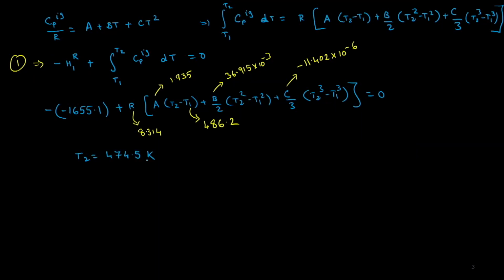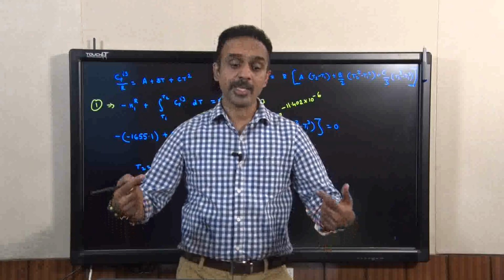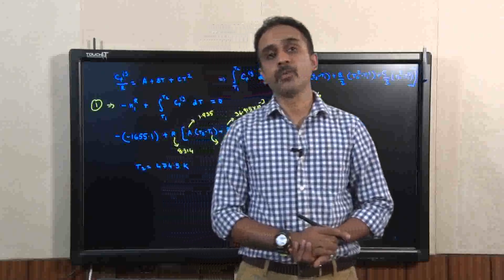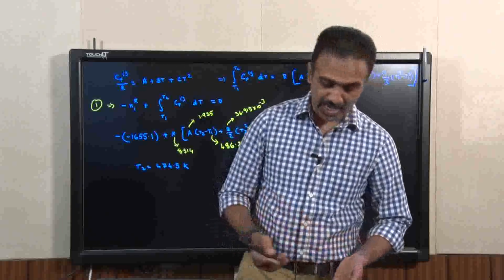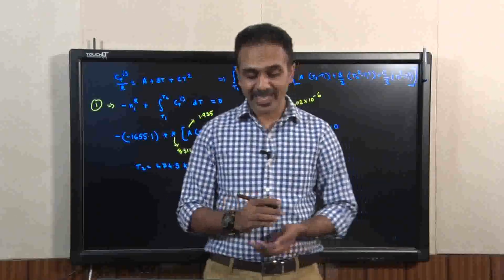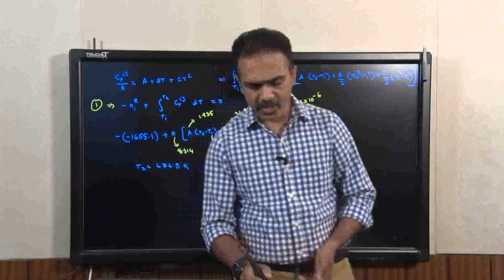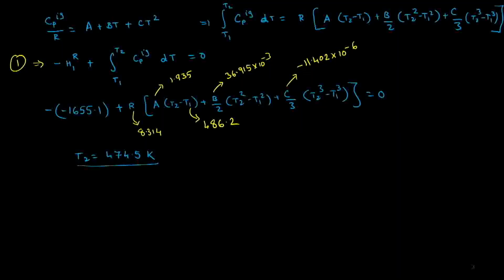So when you throttle n-butane from high pressure to a lower pressure, the temperature is going to reduce, by about 11 to 12 Kelvin. This is my final temperature, and we got this by noting that the process is isenthalpic.